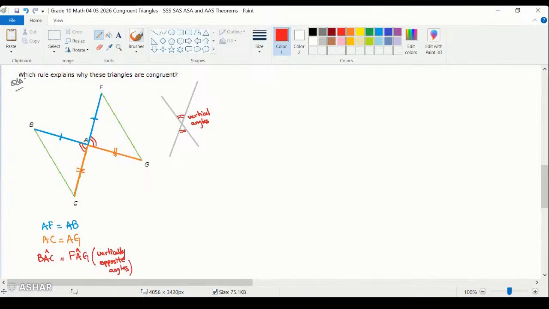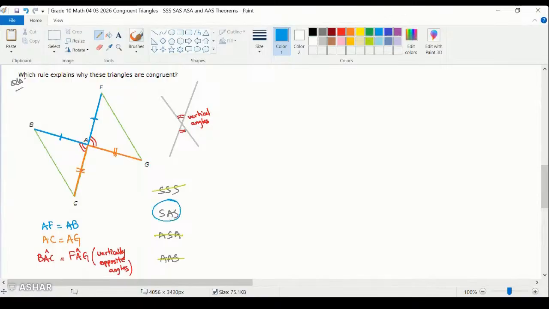So what information is given to us? If side, side, side, side, angle, side, angle, side, angle, and angle, angle, side. Do we have three sides given to us? No. Do we have two angles given to us? No. But we have two sides and one angle given to us, right?